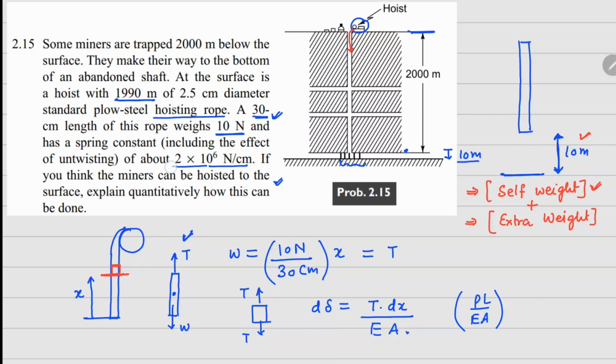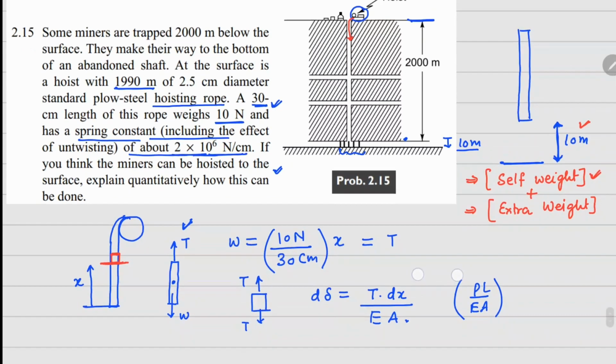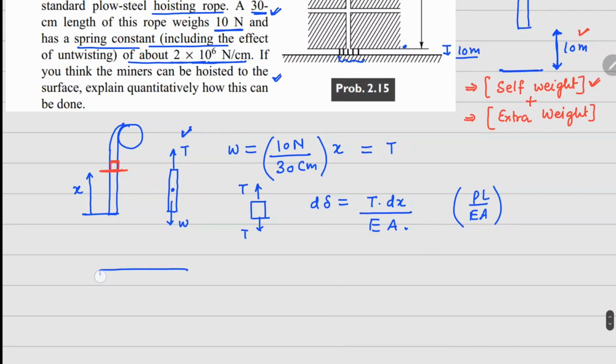In this problem, the elastic modulus is not known, and the area is given to you. But there is additional information which says a 30 centimeter length of this rope has a spring constant of 2 times 10 to the power 6 newton per centimeter. What does this mean? Let's draw one 30 centimeter long section. If you are pulling this section by force P, the stiffness, which from this formula is EA over L, is given by 2 times 10 to the power 6 newton per centimeter.